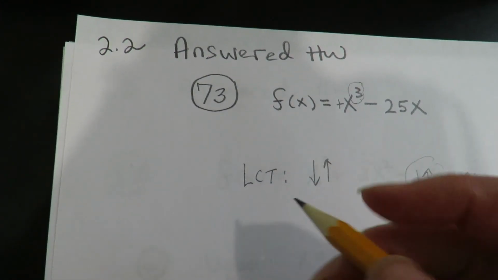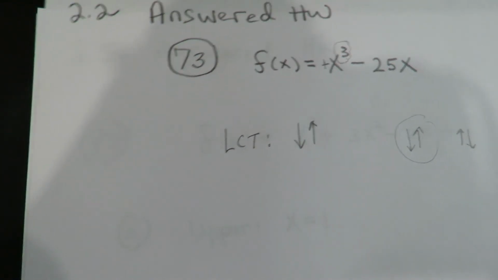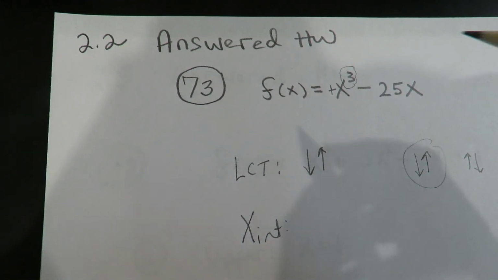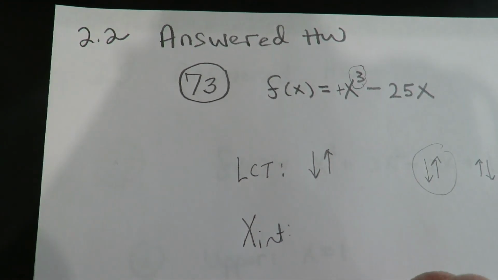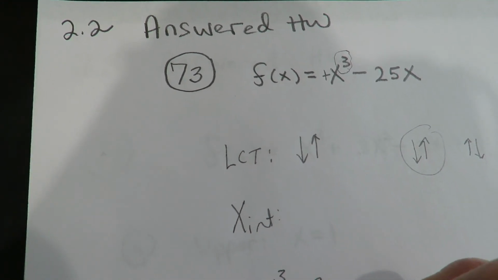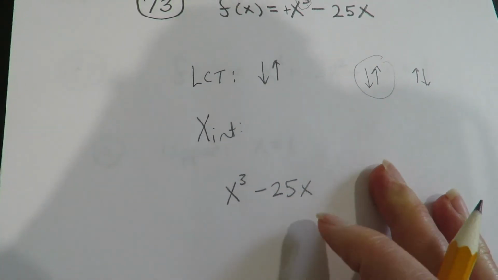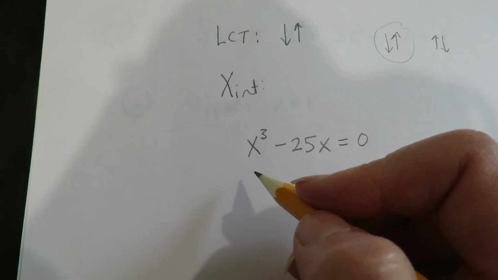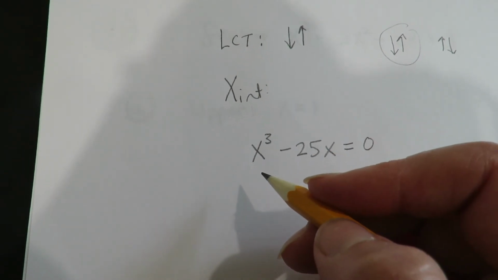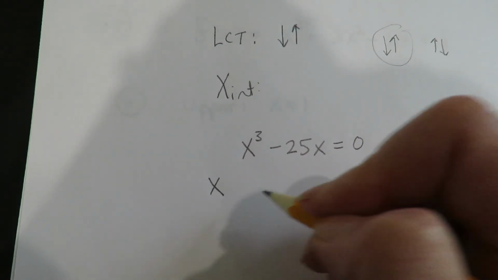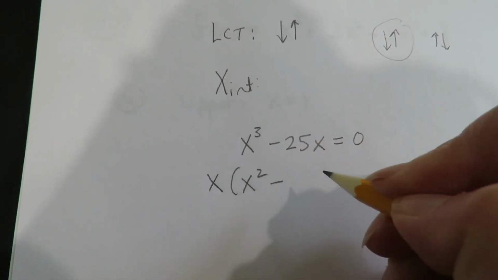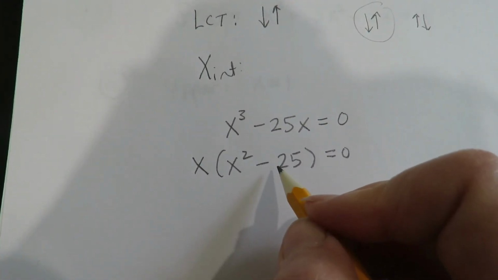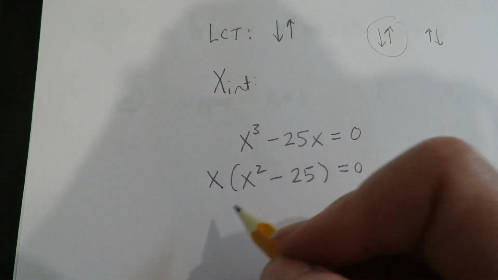Okay, the next thing you have to do is find the x-intercepts. To find the x-intercepts, I have to factor this and set it equal to 0. I'm going to start by taking out a common factor of x. Then I'm going to factor the difference of perfect squares.